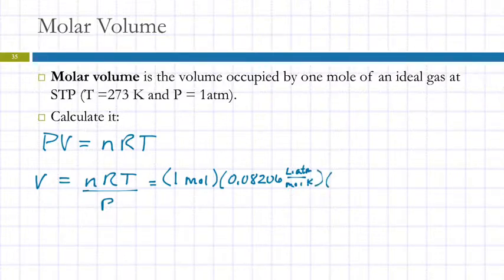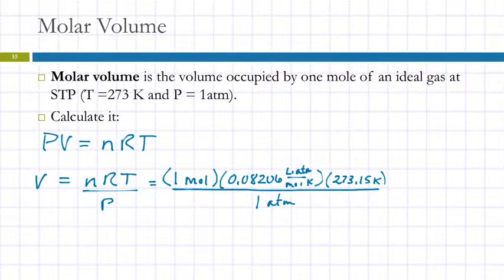Temperature, we want standard temperature in Kelvin. 273.15. And then we're going to divide by the pressure. What's the pressure? 1 atmosphere. And we're just saying it's at STP, so we can say that that's exact as well.